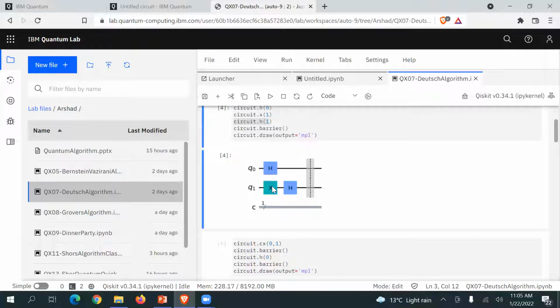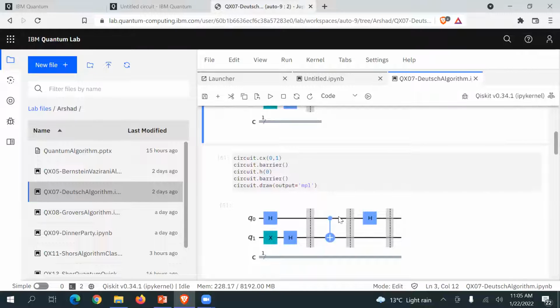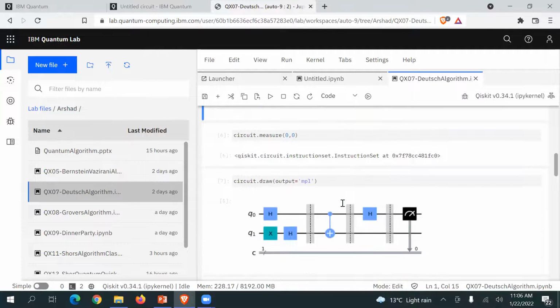We apply Hadamard gate and X gate and then Hadamard gate with it. Now we put in the balanced function, the CZ: a CX gate on the second qubit, then a barrier, and then a Hadamard gate on top of it. We apply the same function again after putting the balanced function, and then we measure it.